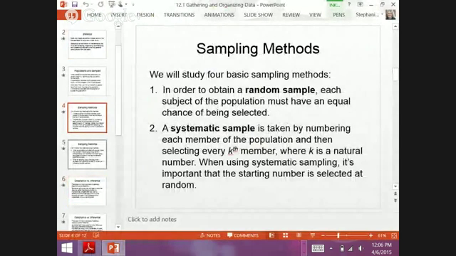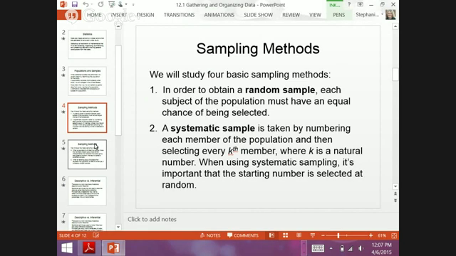A random sample has to have an equal chance of being selected, like randomly picking out numbers, right? So if I put your numbers in a hat and picked out 3 people to get an A in the class, that would be a random sample, right?